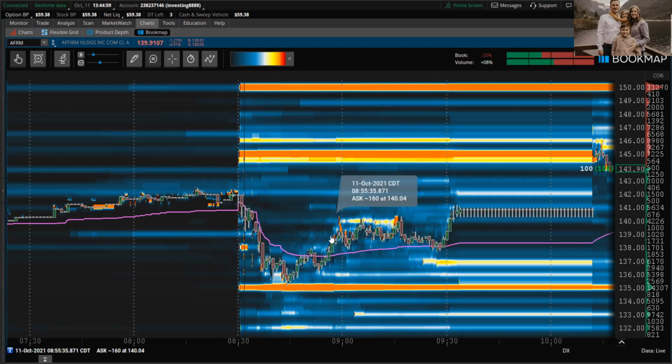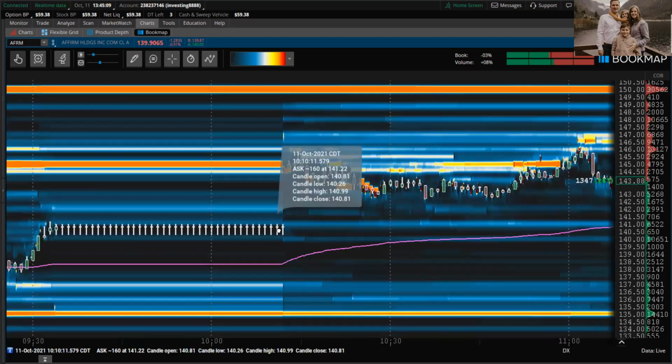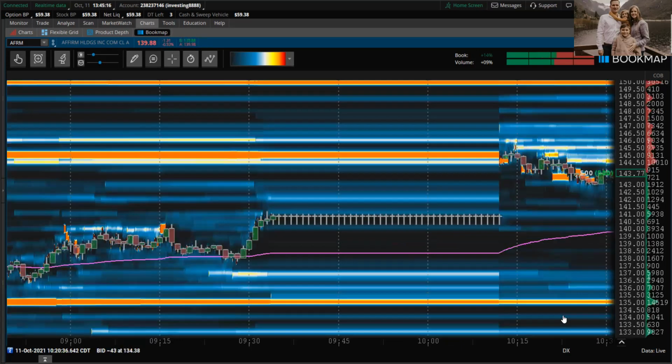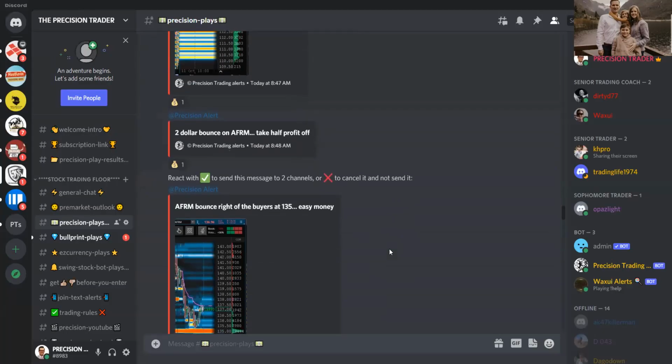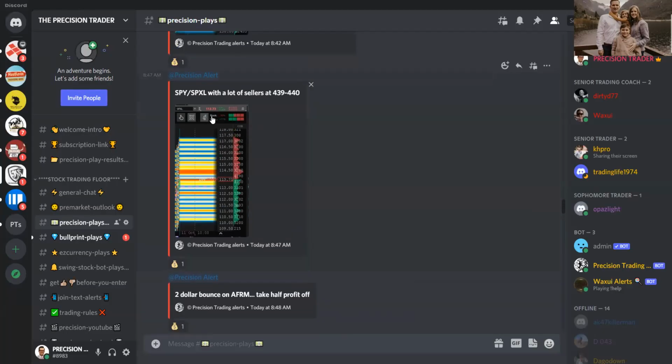But again, for some reason it glitched, or yeah, just went blank here. But with that said, we mentioned that it wanted to push to 145. I'll just show you that. Let's see here. Yeah, here was our thing on SPY. A lot of sellers at 440.